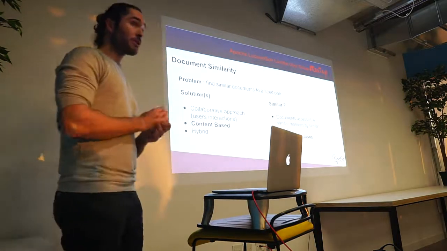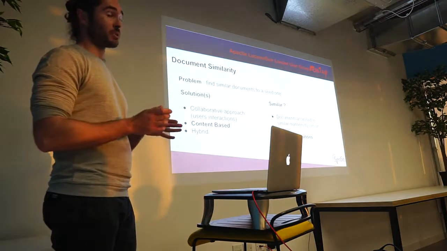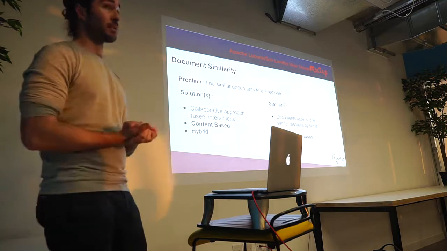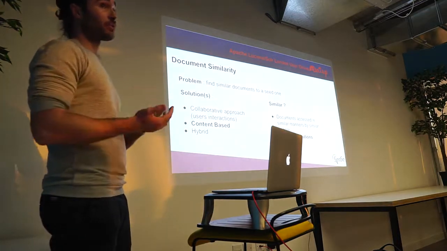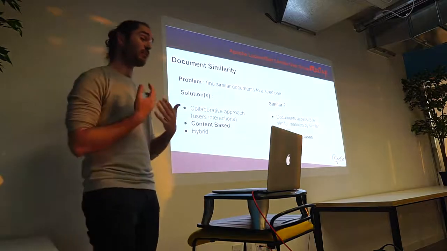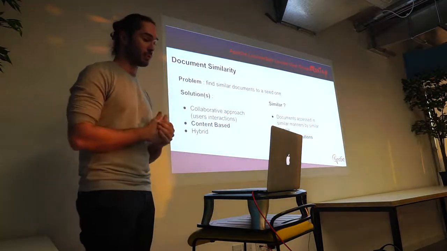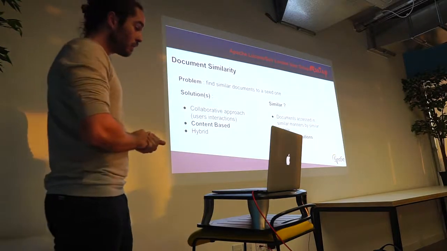Problem: you have a document and you want to find similar documents in your corpus of information. There are different solutions and different concepts of similarity. The collaborative approach is based on user interaction. So something is considered similar if you interact with it in a similar way. So similar users interact with similar documents in similar ways.